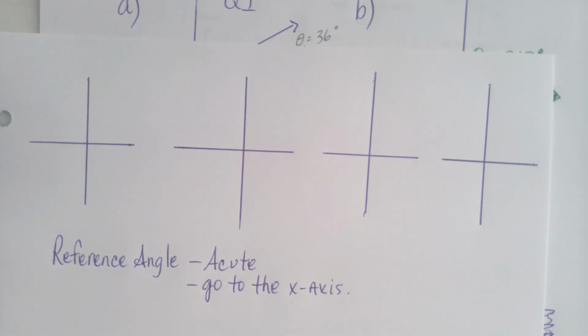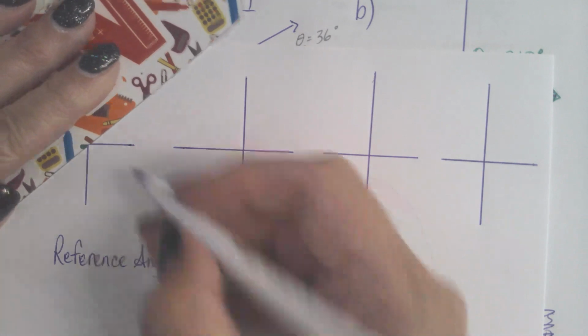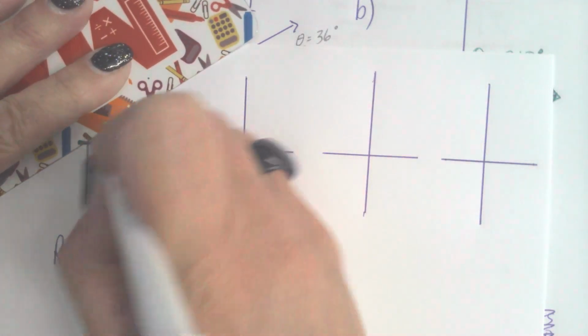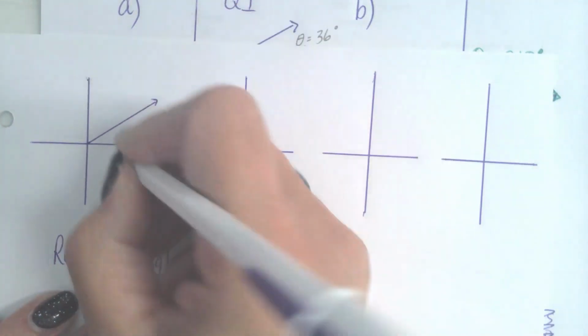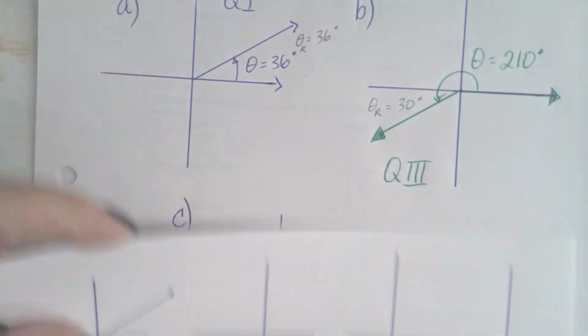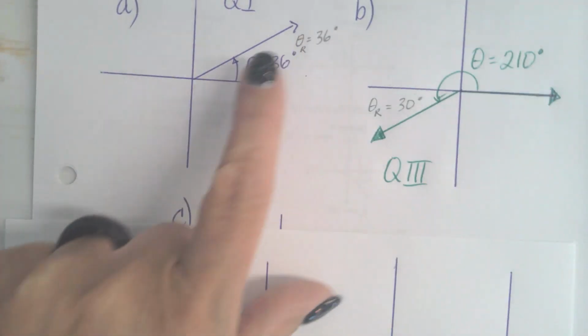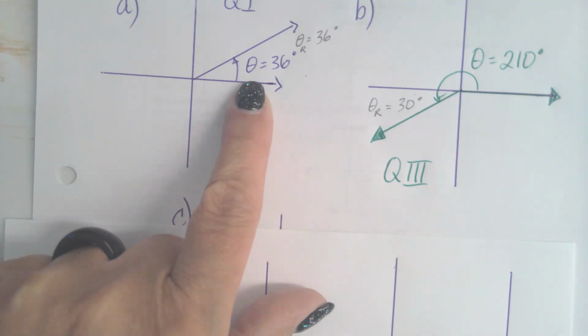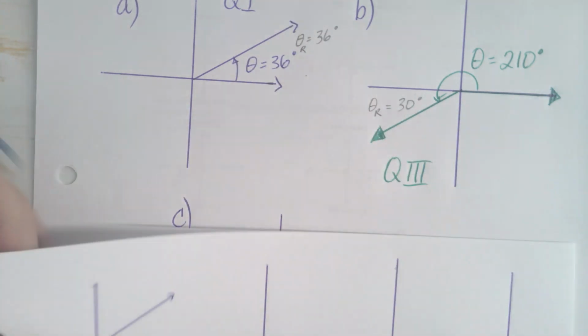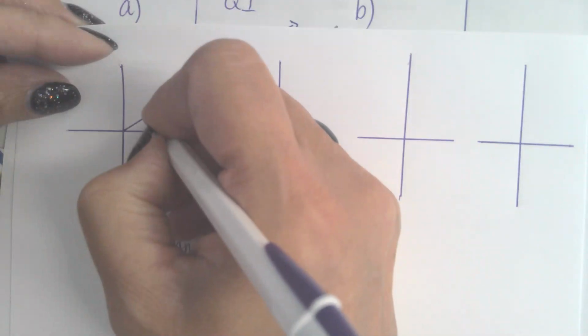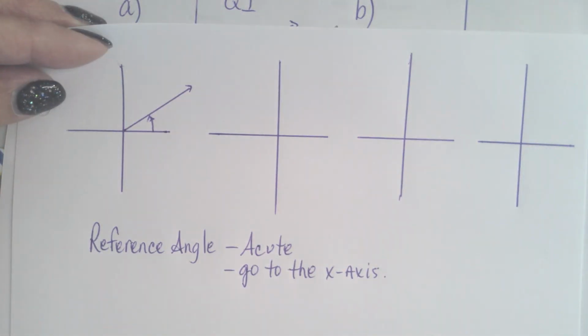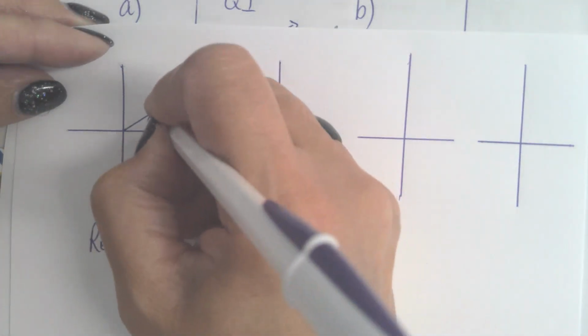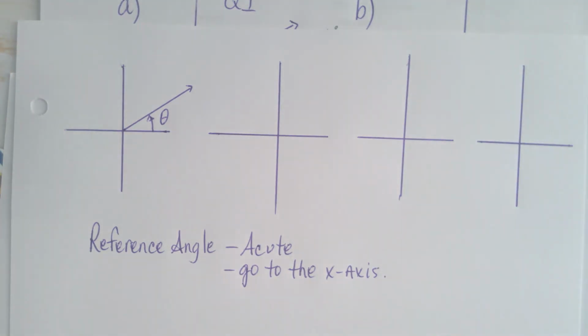So if I want a 30-degree angle in quadrant 1, I'm going to draw a 30-degree angle right there. And in quadrant 1, what did we notice about the reference angle and the actual standard position angle? They were exactly the same, because the nearest x-axis is right there. So you always go to the nearest x-axis, which is always down or up.